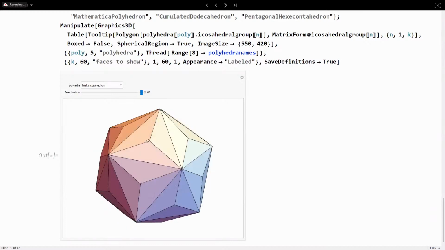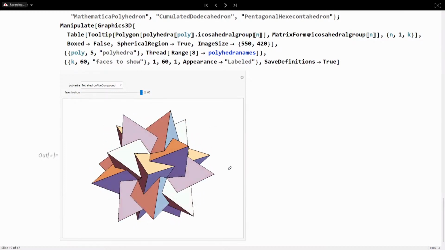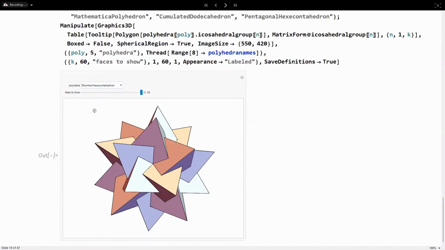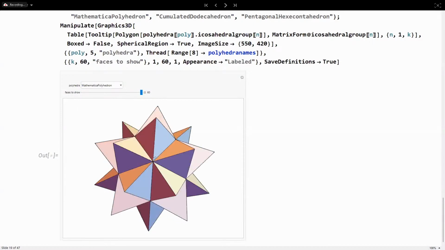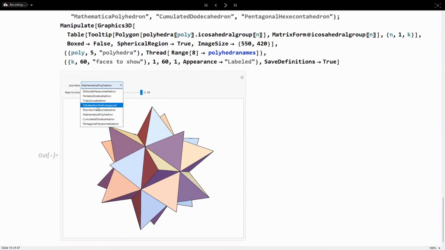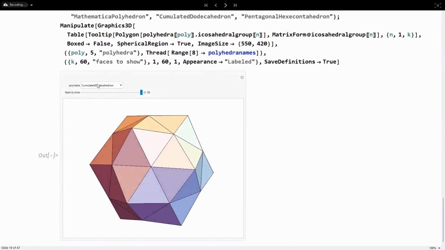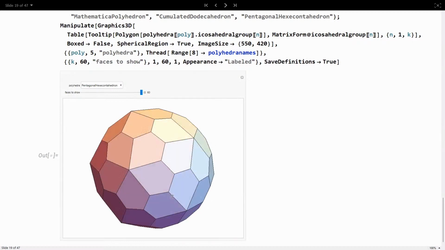The triicus icosahedron, the compound of 5 tetrahedra, the rhombic hexacontahedron, the Mathematica original spikey from version 1, the cumulated dodecahedron, and the pentagonal hexecontahedron.